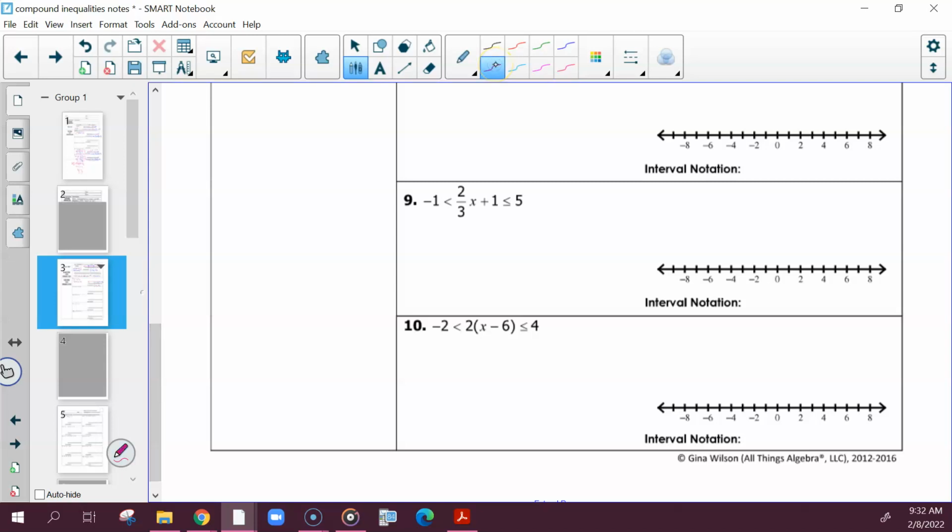For number 9, what would we do first to get the numbers away from x? Subtract 1 from everything. We have negative 2 is less than 2/3 x, less than or equal to 4.